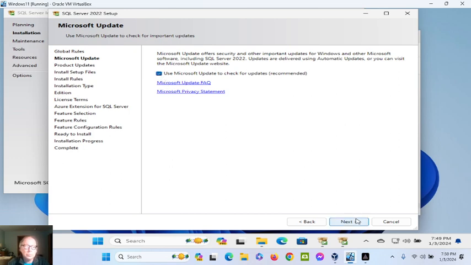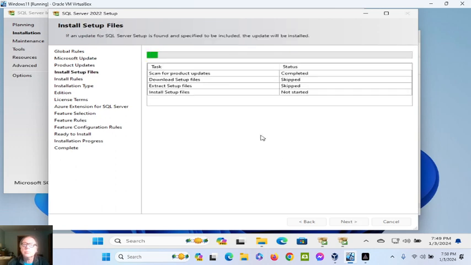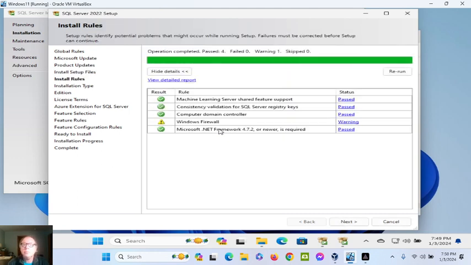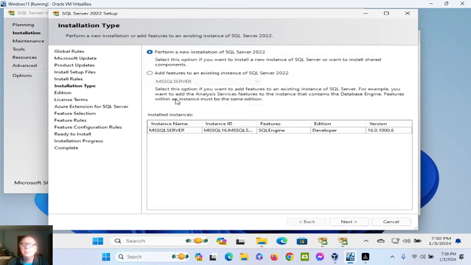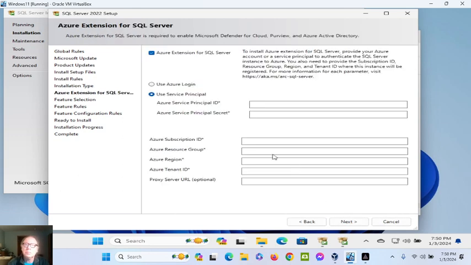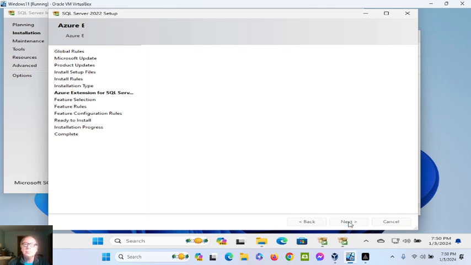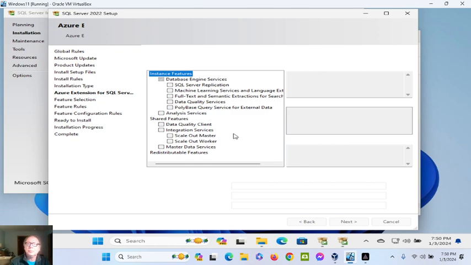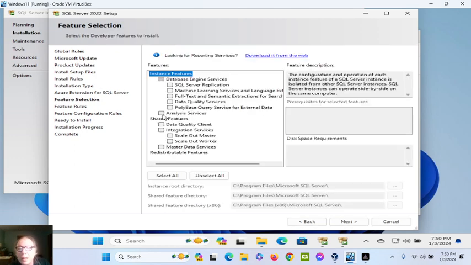Add features. There's our server instance name. Uncheck this.